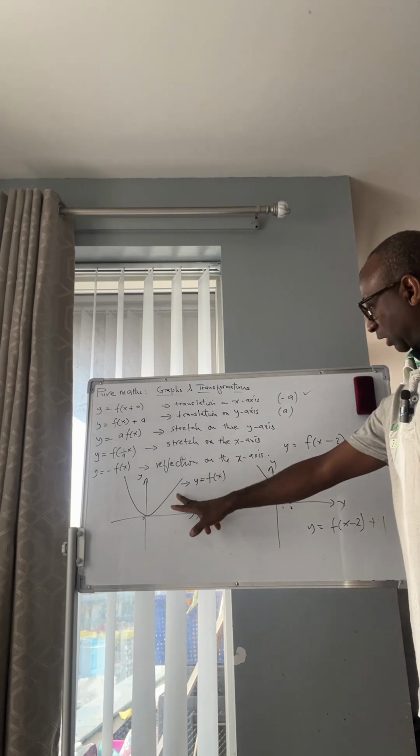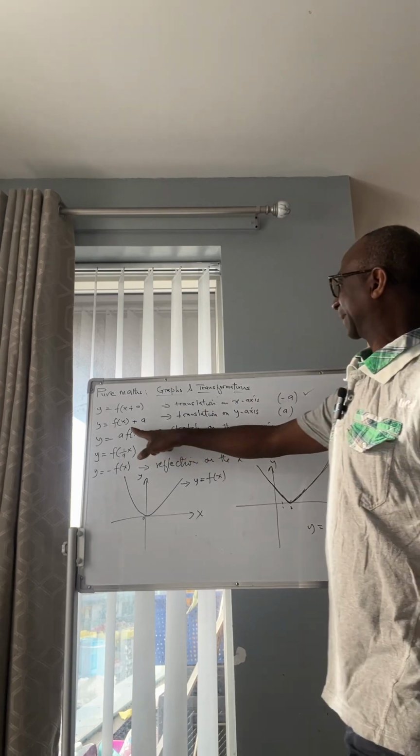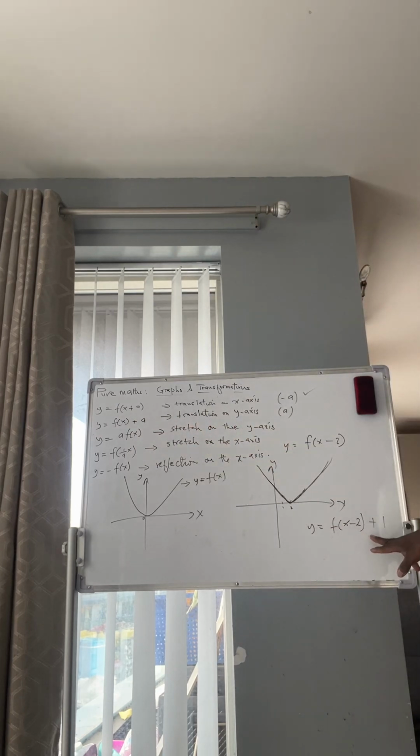We translated this graph to this form, and now we are given a 1 here. So now we are translating this graph on the y-axis. When it's plus, it's plus. On the y-axis, the sign is the same. If it is minus, it's going to be minus. If it is plus, it's going to be plus.